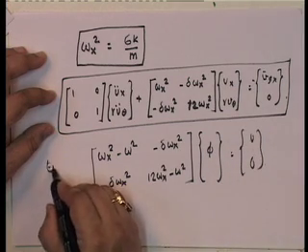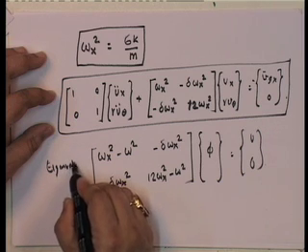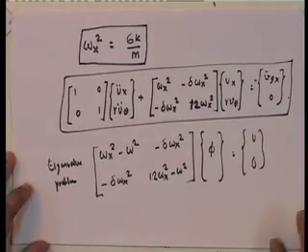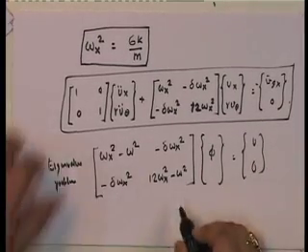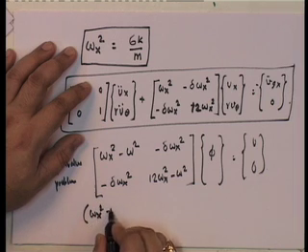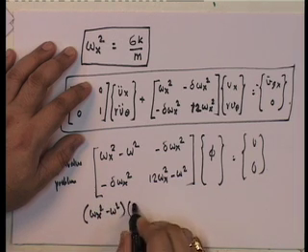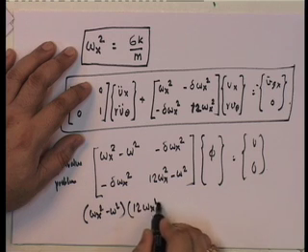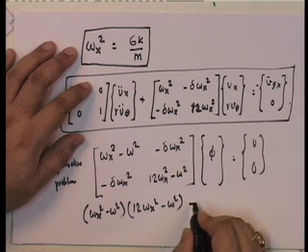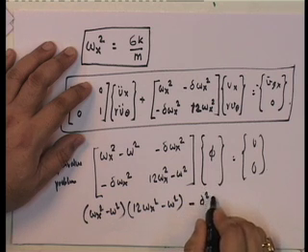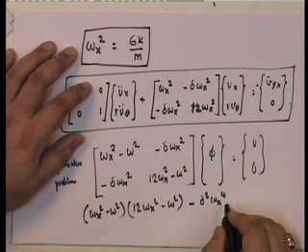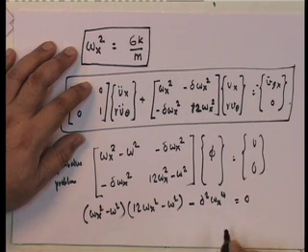This is the eigenvalue free vibration problem. So my equation becomes omega x squared minus omega squared, times 12 omega x squared minus omega squared, minus delta squared omega x fourth, is equal to 0.